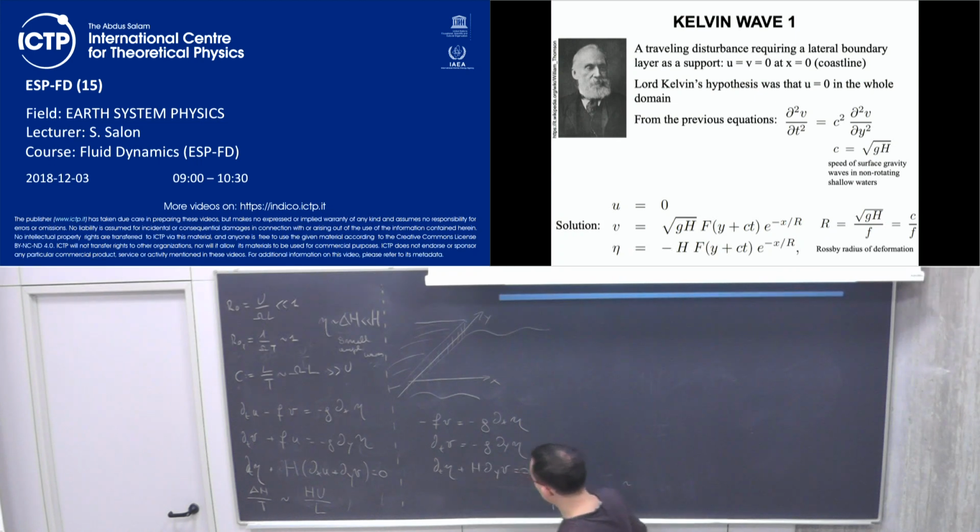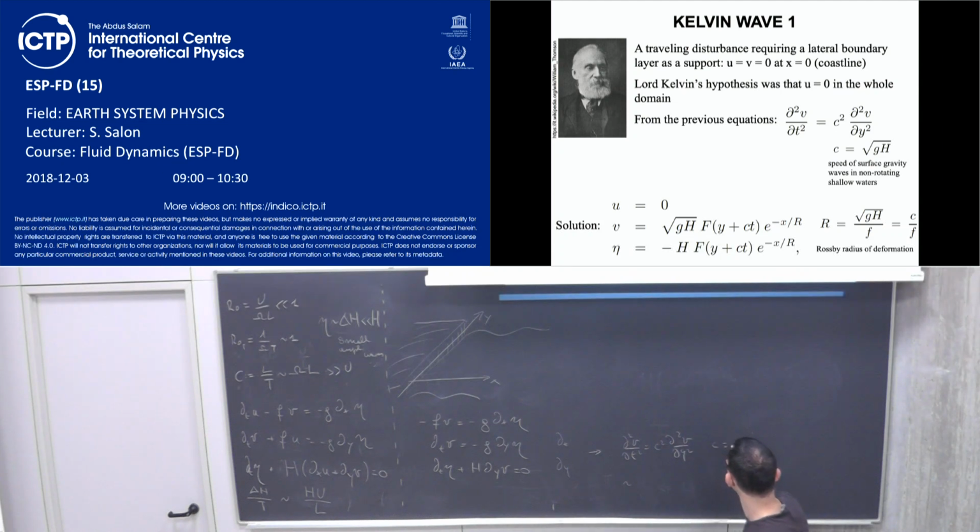So we apply a partial derivative on t, and here a partial derivative on y, and we sum the two equations, and what we obtain is the second order differential equation that we can see over there, which is a wave equation, okay?